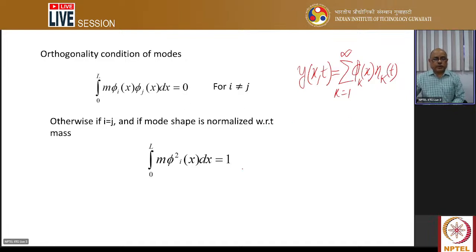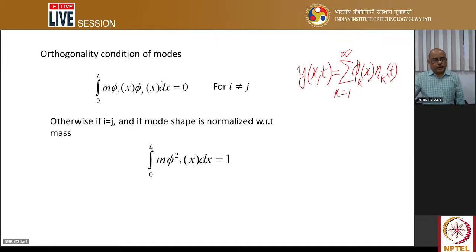Because of the orthogonality condition, which is proved using mathematical techniques, if i is not equal to j, the product of the mode shapes phi i(x), the displacement shape of the beam at the ith mode, and phi j(x), the displacement shape at the jth mode, integrated from 0 to L, with mass as a coefficient, gives the result 0.